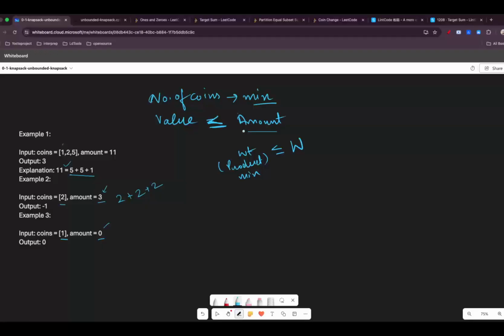But if some other amount is given, then we need to return -1, since it is not possible at all. Amount 0 means not choosing any coin, that's why the output is 0.